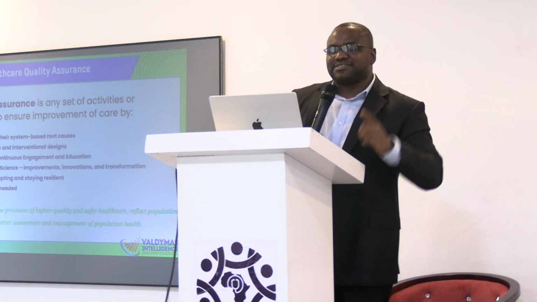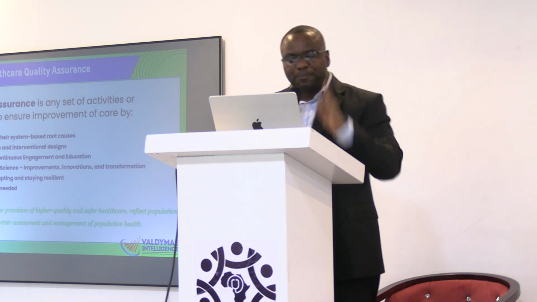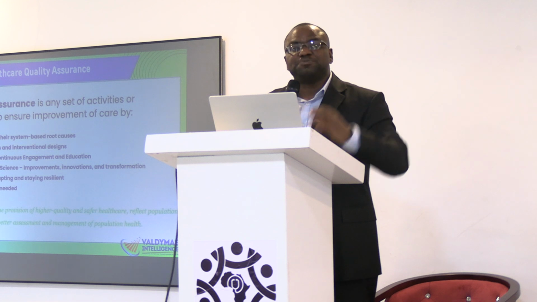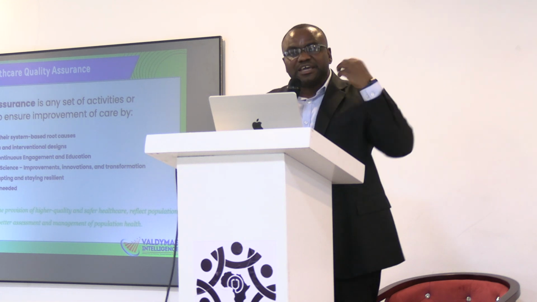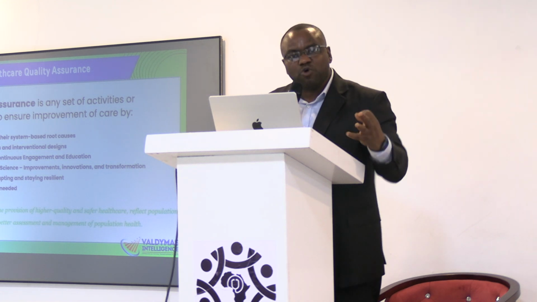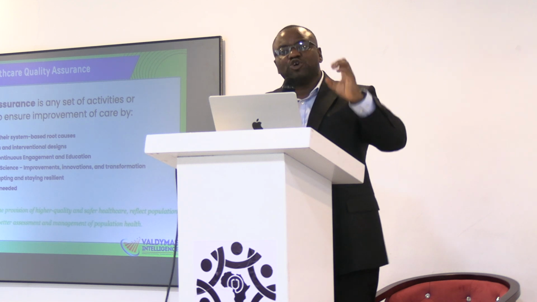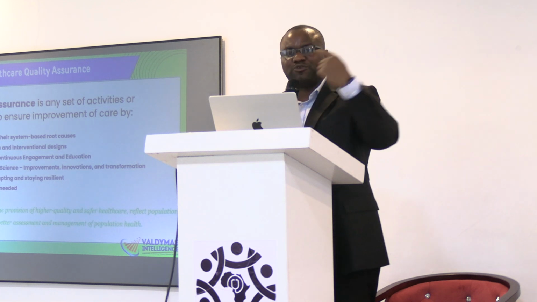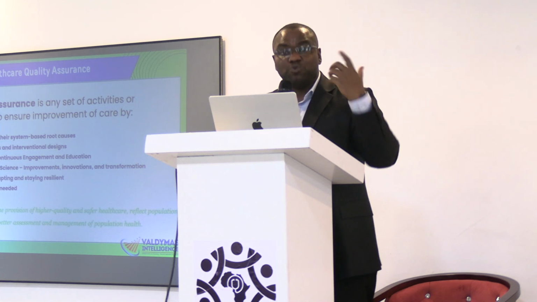Number two is that quality assurance must be able to help you develop strategic plans and interventional designs. You must be able to think in systems, think in concepts, think in frameworks. Because if you don't do that, there's no way you will connect what you're doing with all the other parts of the ecosystem where you're working.